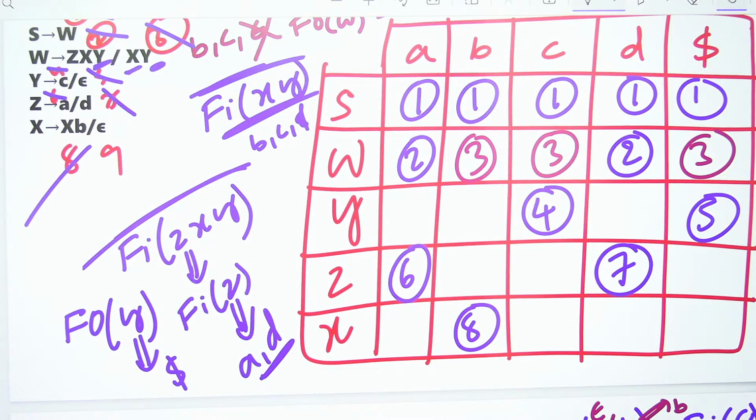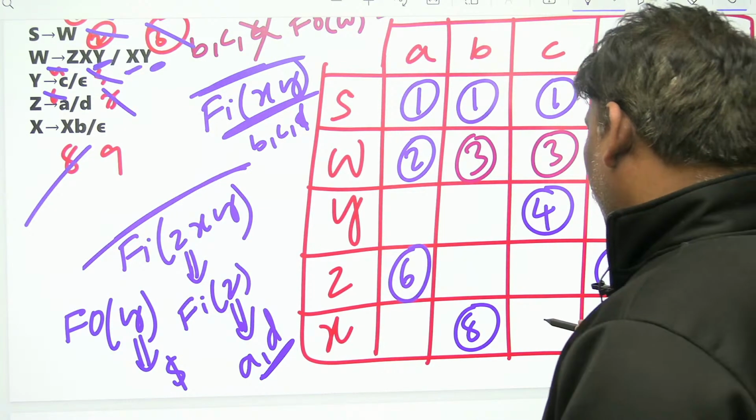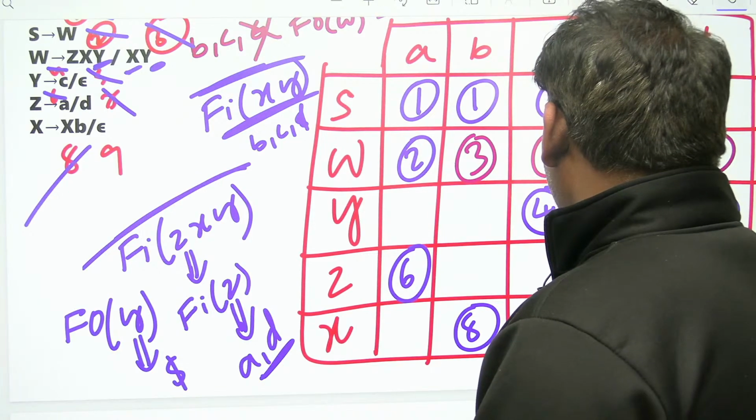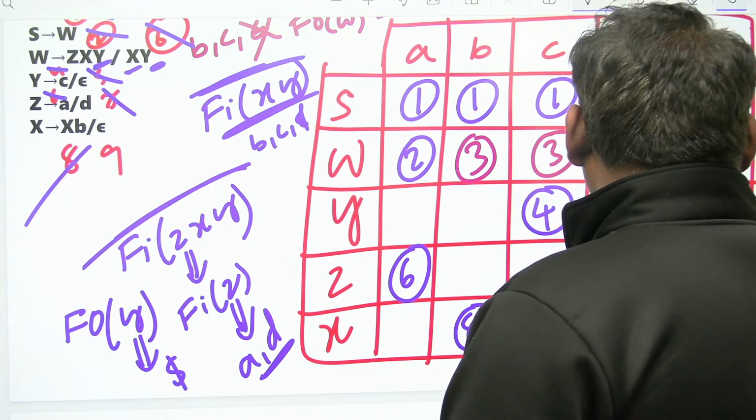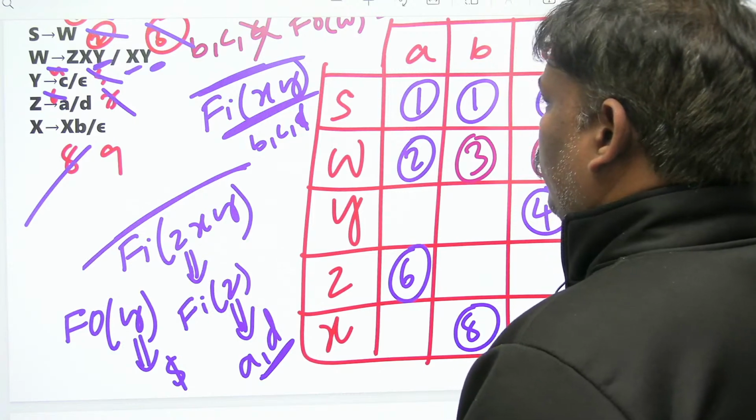Please be careful. 9th production will go to c and dollar. Let me write now. 9th production will go to C also and dollar also. Please check carefully.